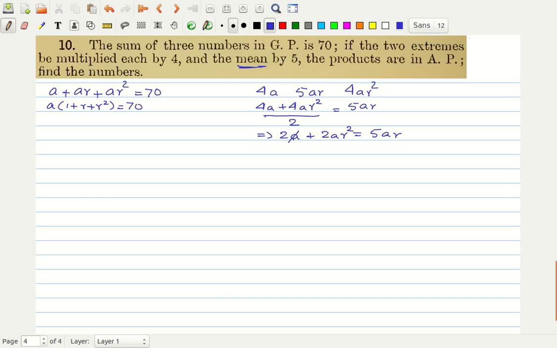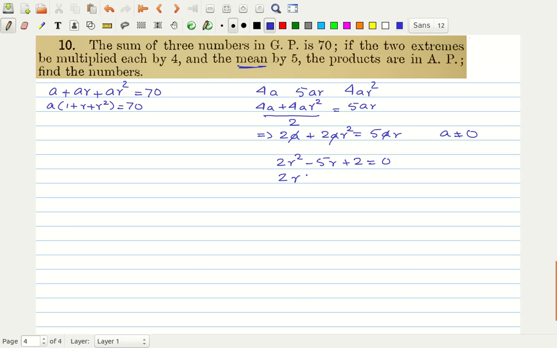Now assuming that A is not equal to 0, we can cancel A from each of these terms. So what we get is 2R square minus 5R plus 2 is equal to 0, and this is a quadratic equation that we can solve very easily.